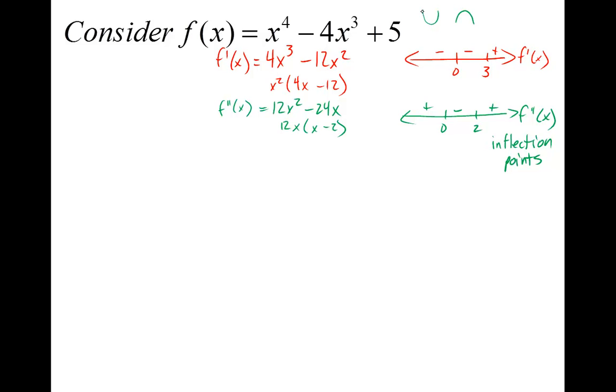Note that as I go to the right, here I'm decreasing and there I'm increasing, but look at the slope. The slope here is very negative, and as I move through my graph, my slope is always increasing. And because the slope is always increasing, we say that it is concave up, or it has positive concavity.